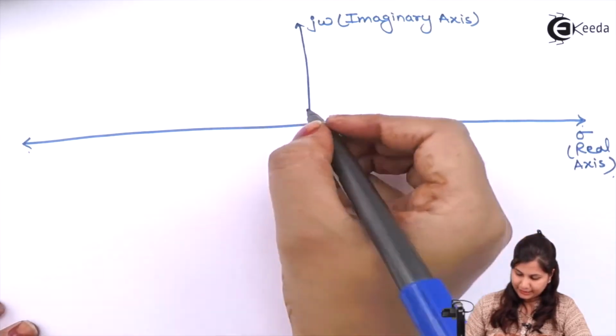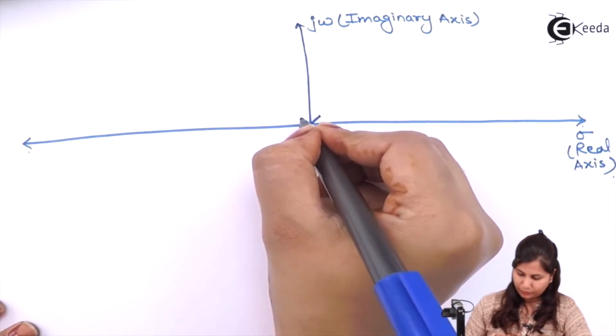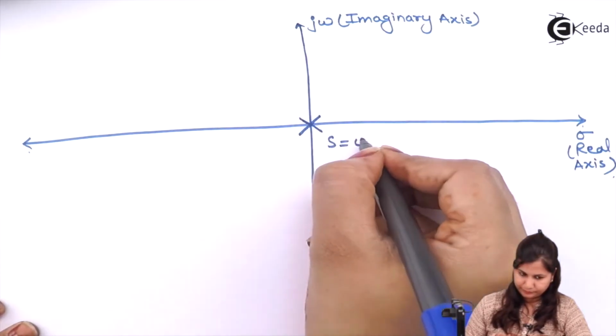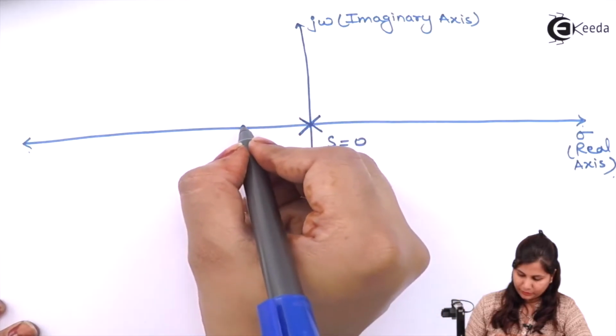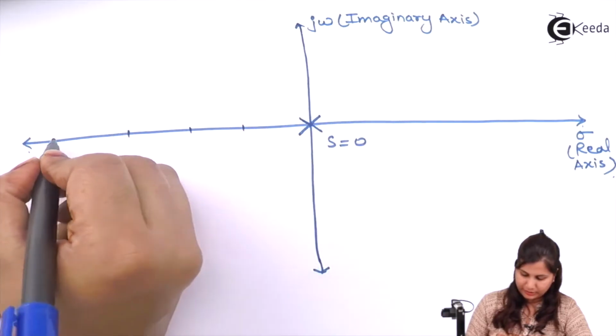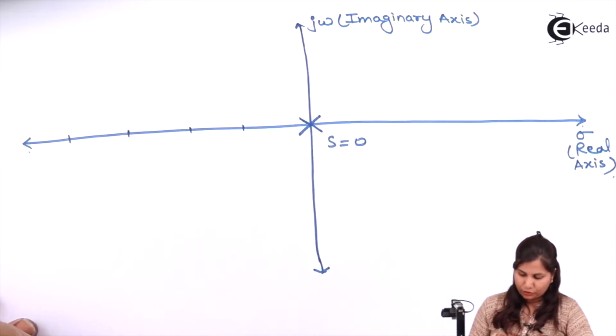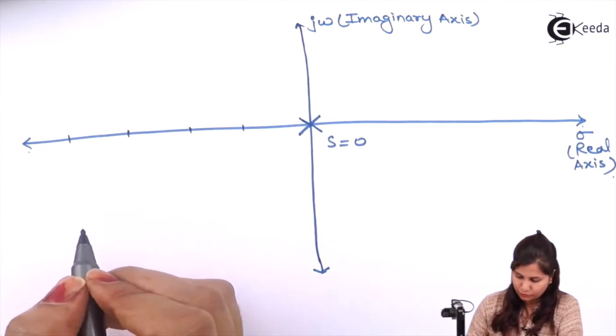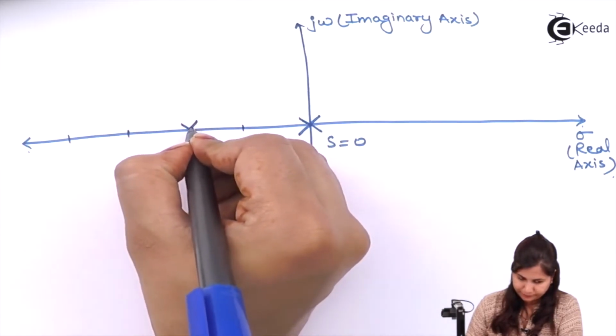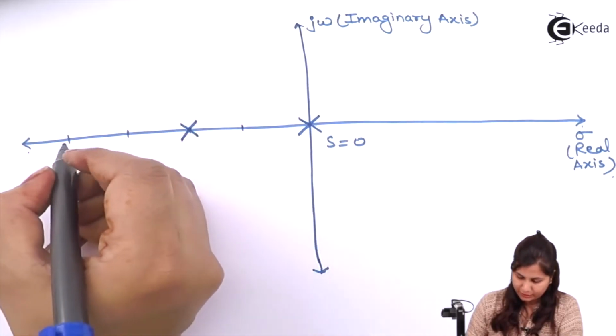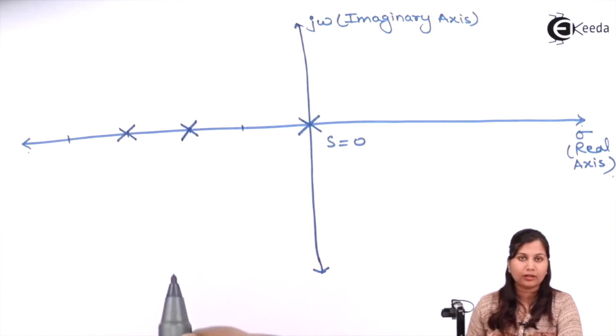Okay. S equals 0, we are having a pole. Then -1, -2, -3, -4, and this is infinity. So we were having s equals -2 and we are having s equals -3 as a pole.